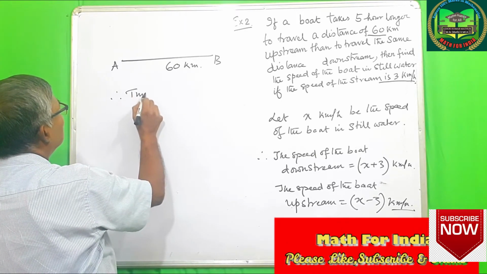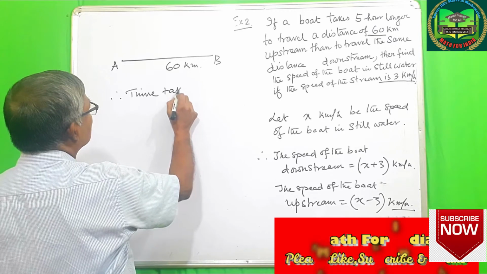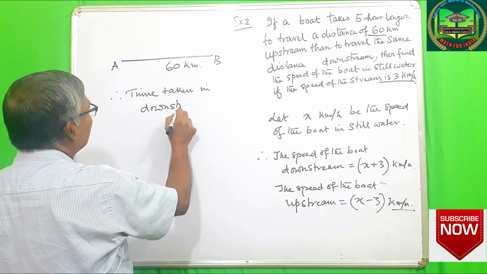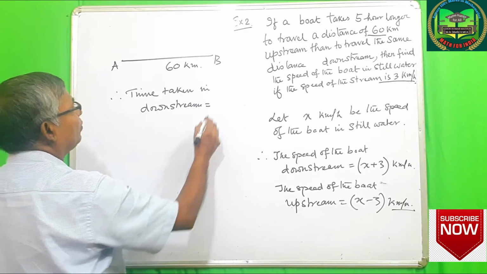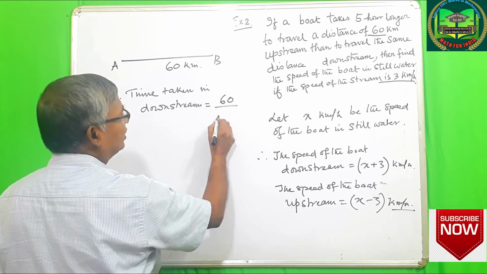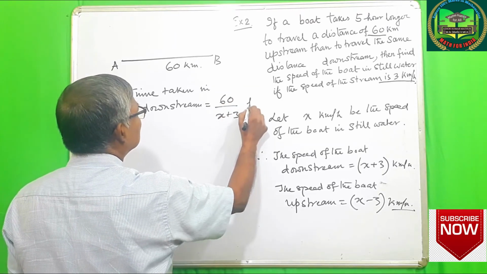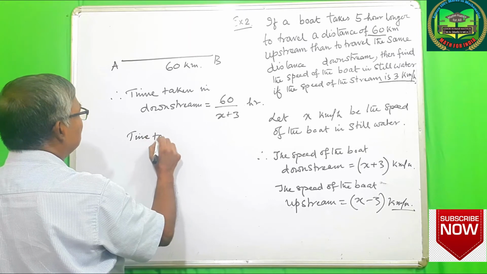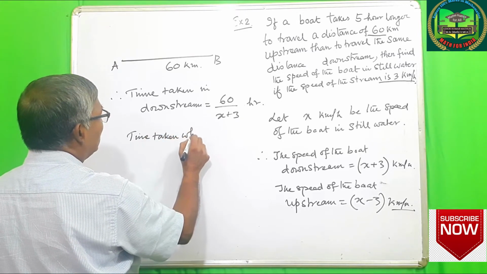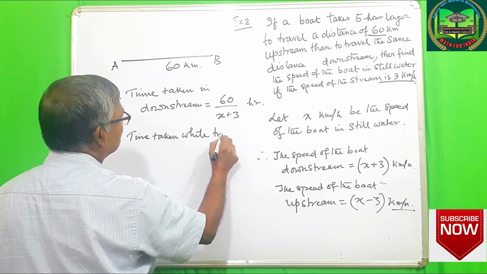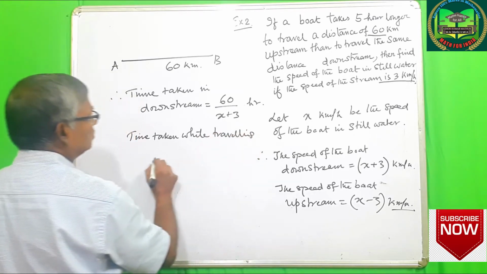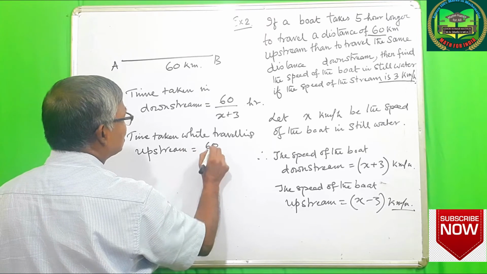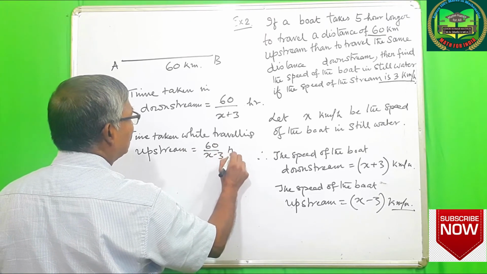Therefore, time taken downstream equals distance by speed, that is 60 by x plus 3 hour, and time taken while traveling upstream equals 60 by x minus 3 hour.